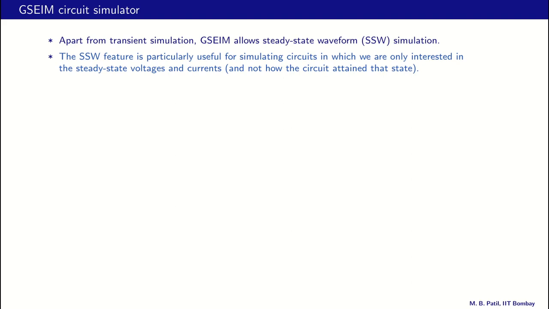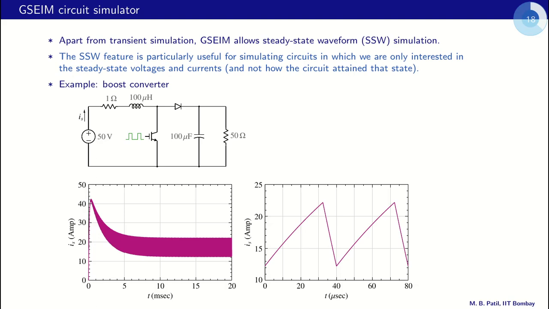This SSW feature is particularly useful for simulating circuits in which we are only interested in the steady state voltages and currents, and not really in how the circuit attained that state. So let's illustrate this through an example. Here is a boost converter, and the switching frequency is 25 kilohertz.